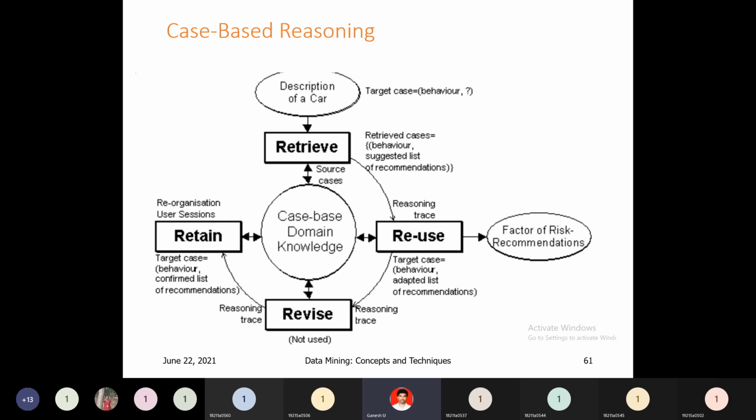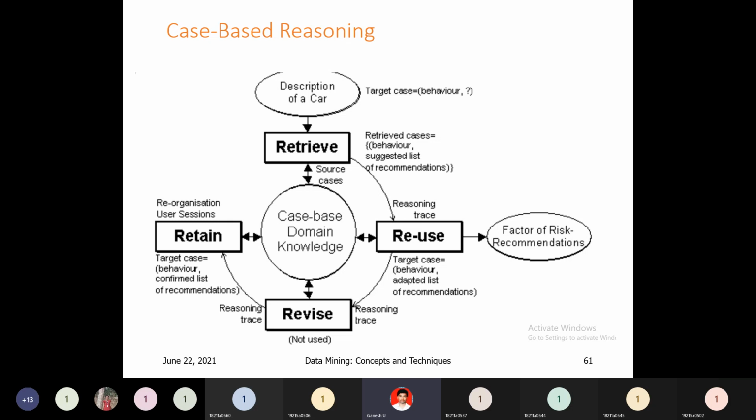Case study is also the same, right? How do you solve a case study? By taking the previous cases, you understand something, apply it here and get the result. Here also it is the same, case based reasoning. In this classification method, we find out which class the data relates to, based on the previous information.